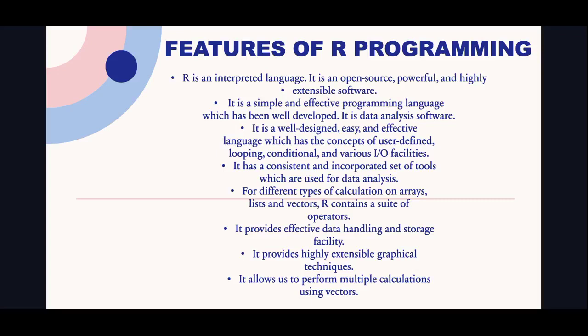R is very powerful and highly extensible software. It is a simple and effective programming language which has been well developed. This means getting well acquainted with R doesn't require much programming skill. While you know some basic skills, you can get into R.